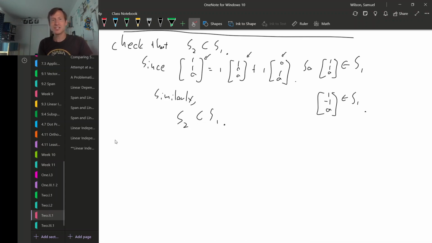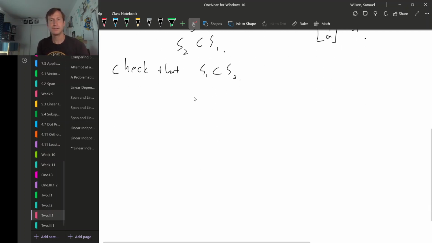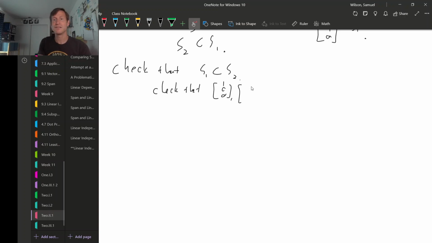Okay, well now we need to check the other containment. So now let's check that S1 is contained in S2. How can we do this? Well, again, because the span of a collection of vectors is the smallest subspace that contains those vectors, we just need to check that our spanning vectors 1, 0, 0 and 0, 1, 0 are both in S2.